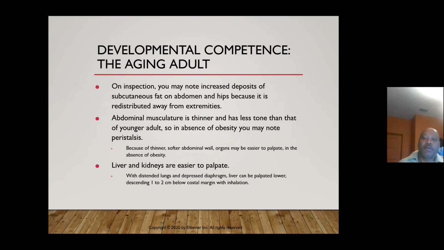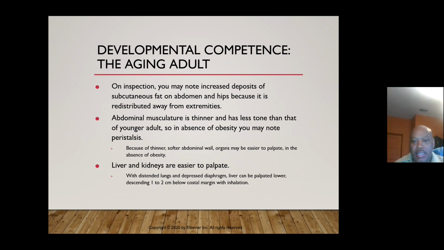So, in the absence of obesity, you may be able to determine that the patient has peristalsis. Now, because of a thinner, softer abdominal wall, organs may be easier to palpate in the absence of obesity. Obesity with all the subcutaneous tissue would just make it more challenging. Now, the liver and the kidneys are also easier to palpate.